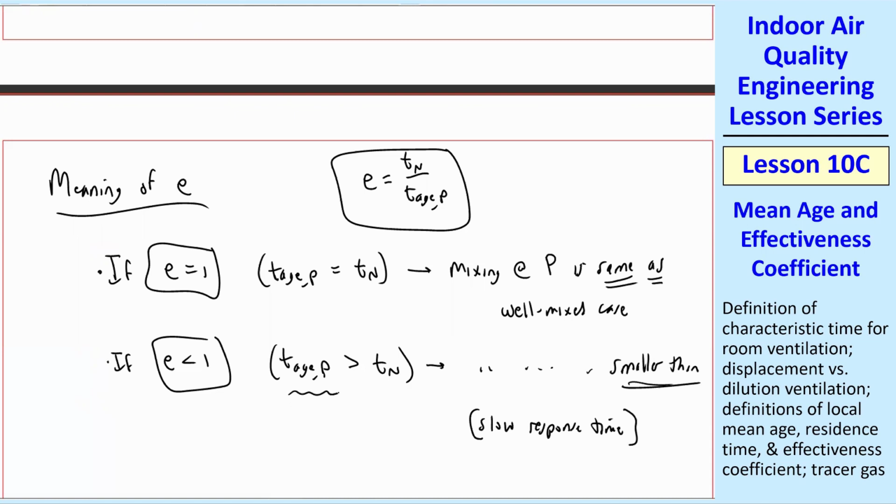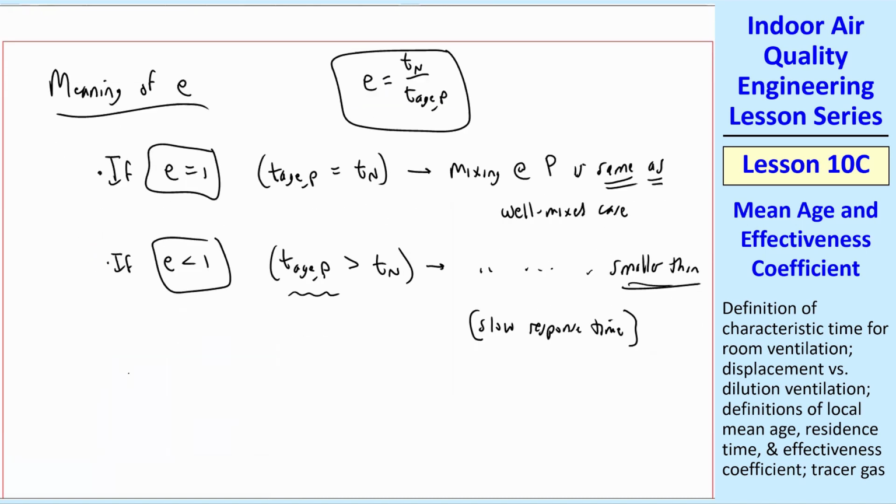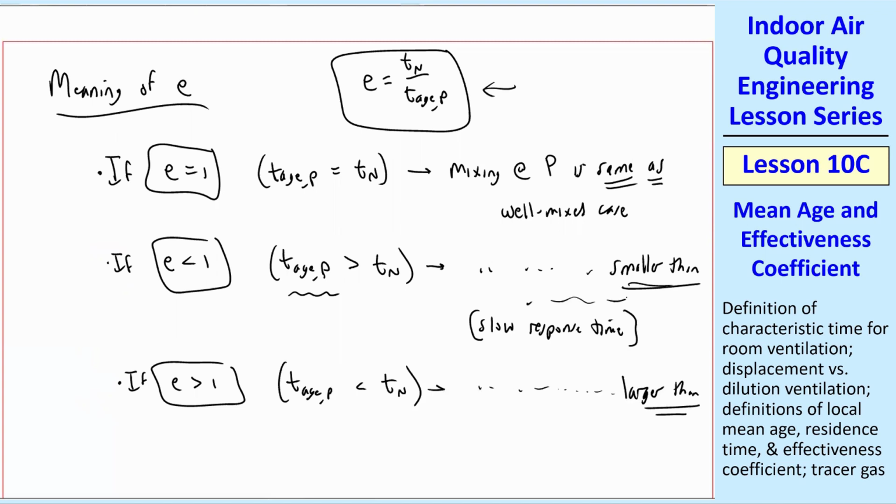THP is bigger. It takes longer to mix things up and get to a certain concentration of fresh air compared to the well-mixed case. Finally, if E is greater than 1, it's the opposite. THP is less than Tn, so mixing at P is larger than the well-mixed case. This means a fast response time.